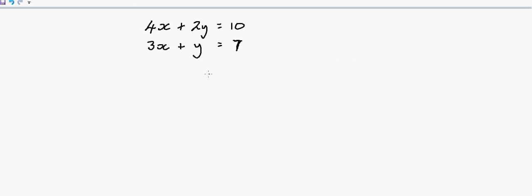Okay, so we want to make the y's the same. Now we have a 2y and a y, not the same. But what I can do is make this y 2y by multiplying it by 2. And that means I have to multiply the whole equation through by 2.